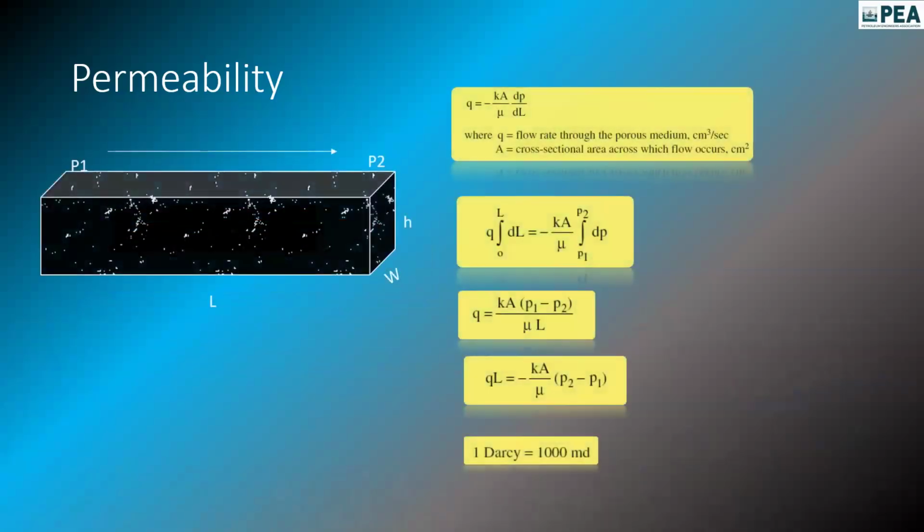And the equation, Darcy's law. This is the reservoir. If it is rectangular, we're going to go with this equation, which is Darcy's law. Q is equal to minus K A by mu, dP by dL. K represents permeability, Q represents flow rate, A represents the cross-sectional area of your reservoir, mu represents viscosity, and dP is the pressure difference. Why?